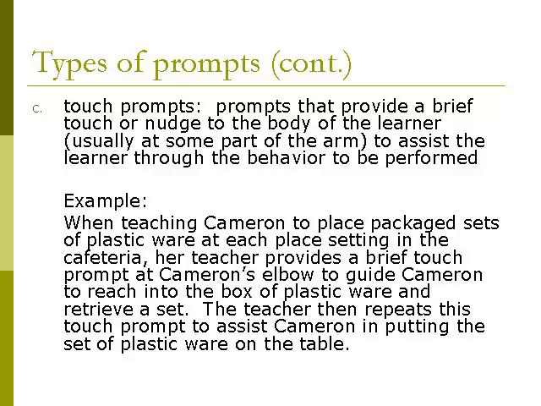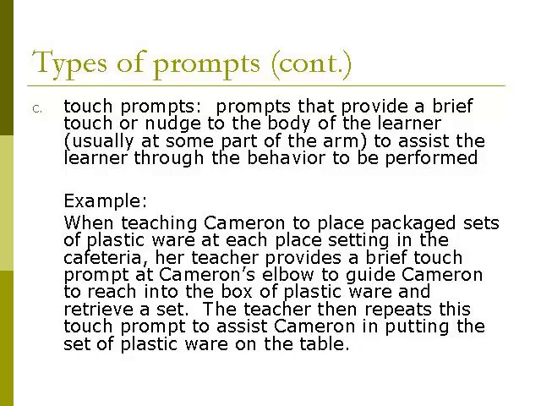So for example, when teaching Cameron to place packaged sets of plasticware at each place setting in the cafeteria, her teacher provides a brief touch prompt at Cameron's elbow to guide Cameron to reach into the box of plasticware and retrieve a set. The teacher then repeats this touch prompt to assist Cameron in putting the set of plasticware on the table.